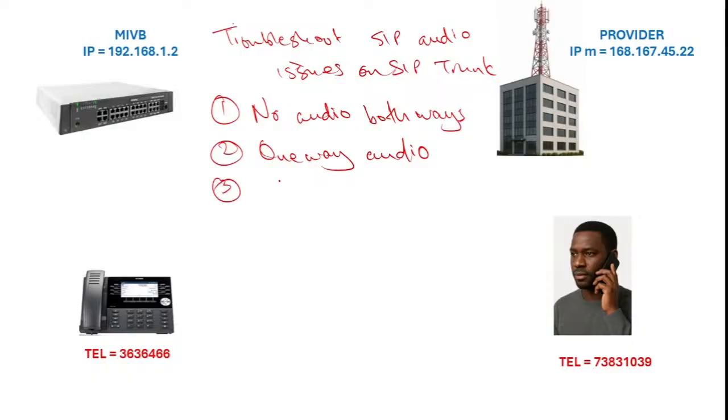Or we can have choppy audio. So these are the scenarios where we need to troubleshoot, and we are going to look at the causes and the possible remedial actions.